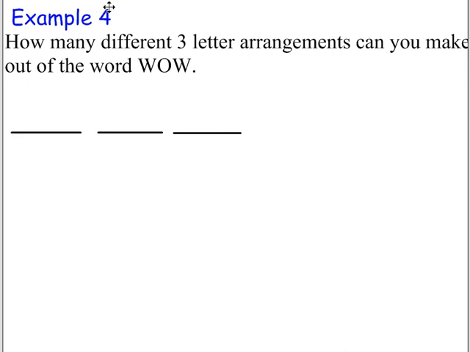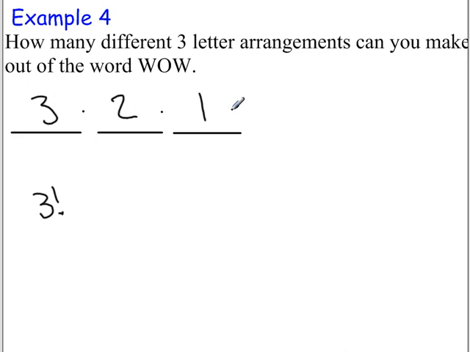If you use the same approach as before, you're going to run into some trouble, and I'll explain to you why in a second. So you might be tempted to say the answer is 3 factorial because you have 3 letters to choose from, and then 2 letters to choose from, and then 1 letter to choose from. And you're going to be tempted to say that the answer is 6.